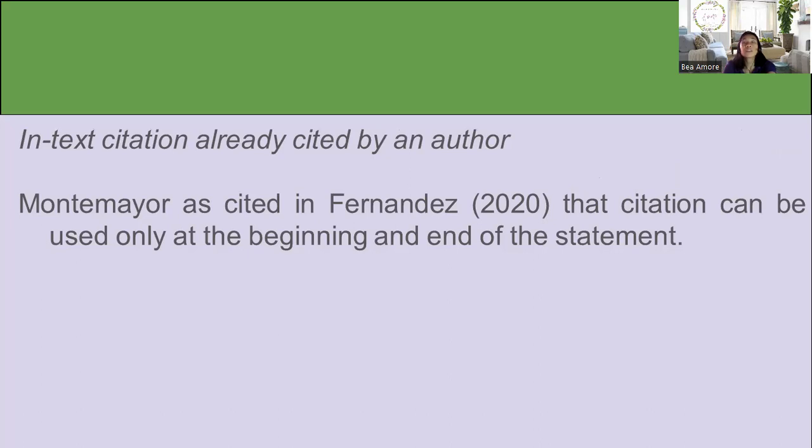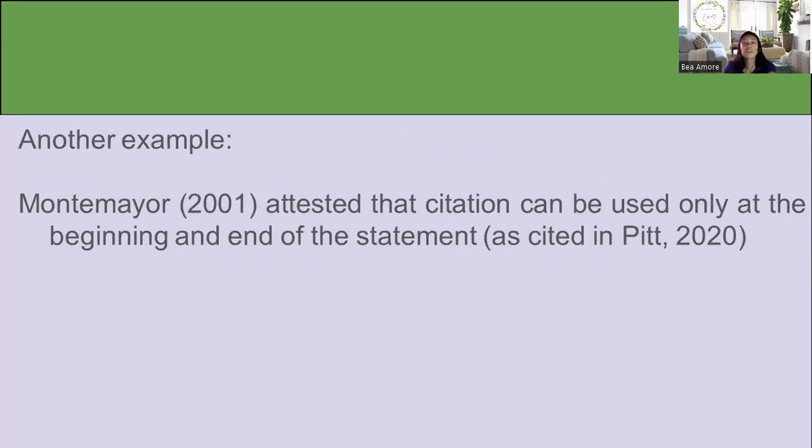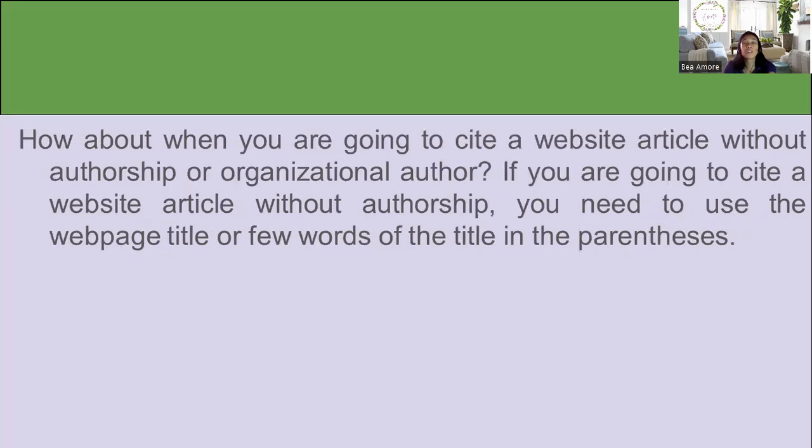So, sinasite mo si Montemayor na sinabi ni Montemayor sa study niya tungkol kay Fernandez 2020. Another example, Montemayor 2001 attested that citation can be used only at the beginning and end of the statement as cited in Pitt 2020. How about when you are going to cite a website article without authorship or organizational author?